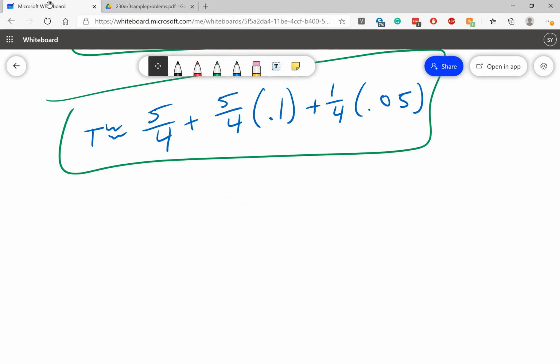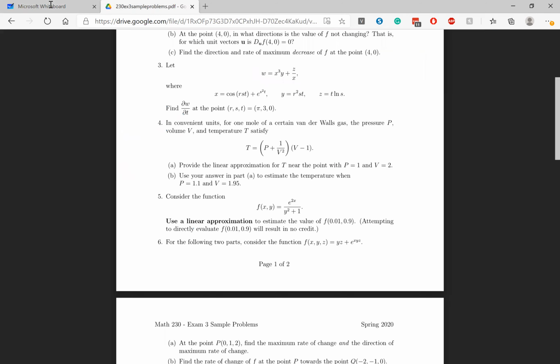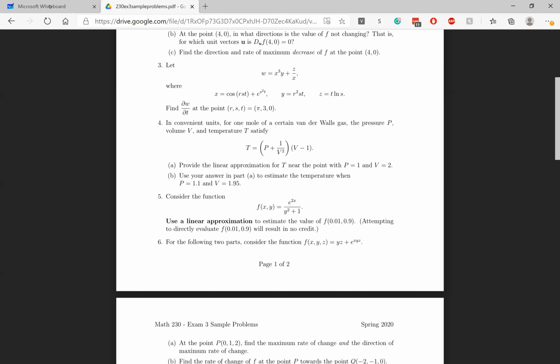So f of x, y is equal to e^(2x) over y squared plus 1.